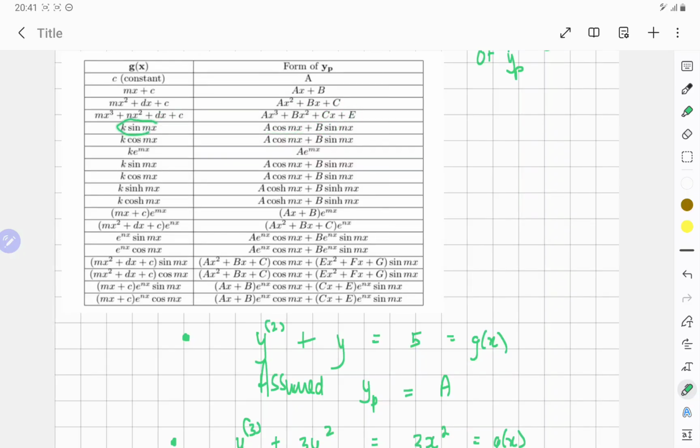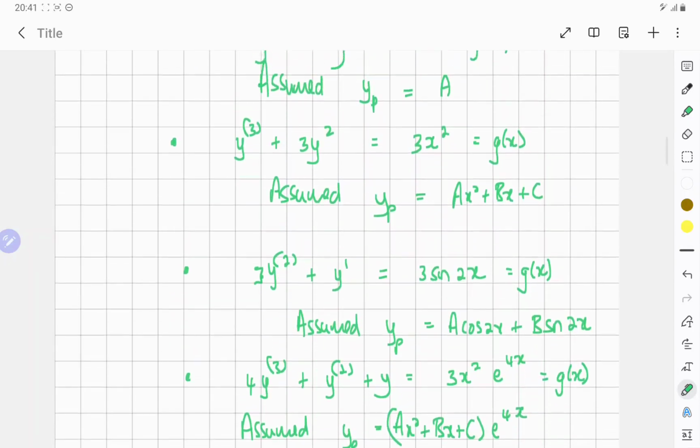So whenever your g(x) is either a sin mx or a cos mx, you will always add both of these, cos and sin.